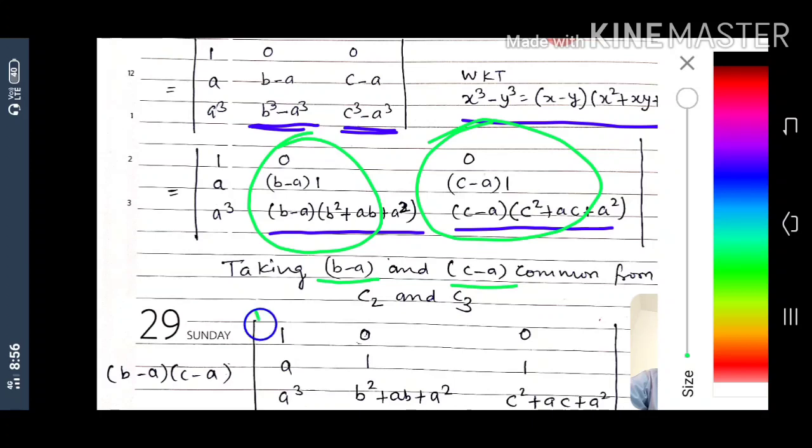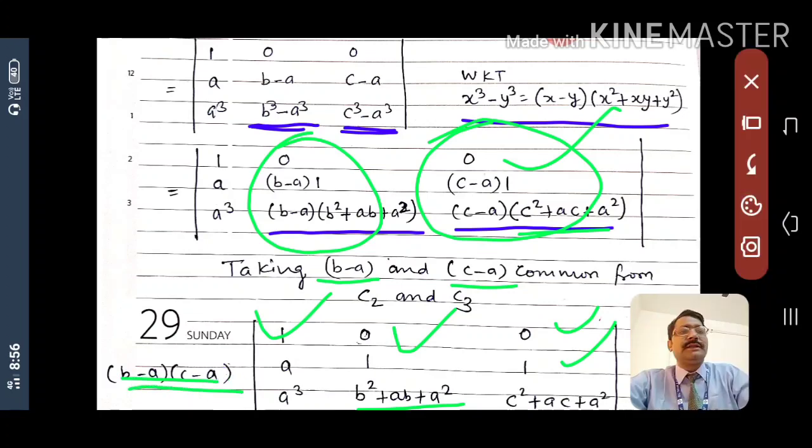Here the first column is as it is. The second column is 0, 1 and b square plus ab plus a square. And the third column is 0, 1 and c square plus ac plus a square, and b minus a and c minus a you will write outside.